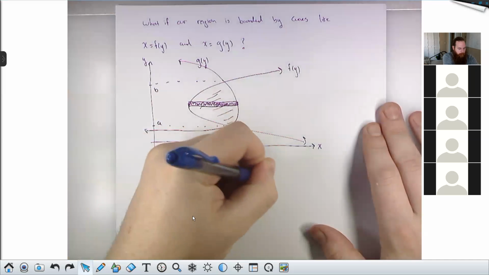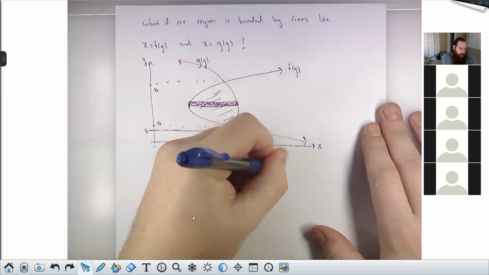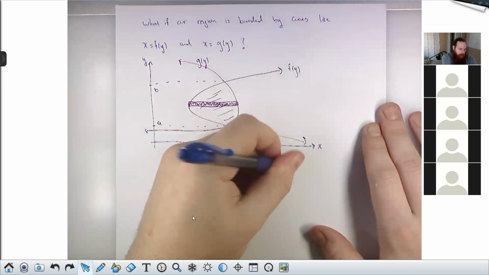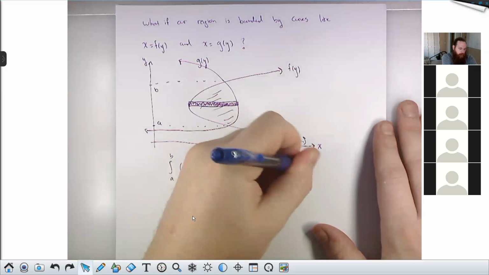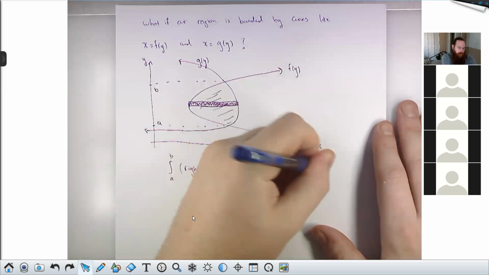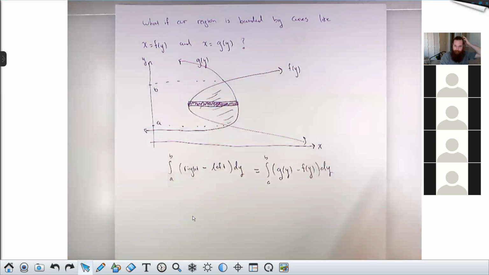So I would integrate from a to b, g of y minus f of y dy. Questions about the formula?